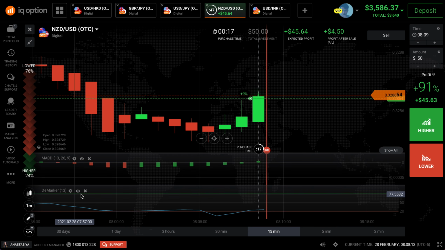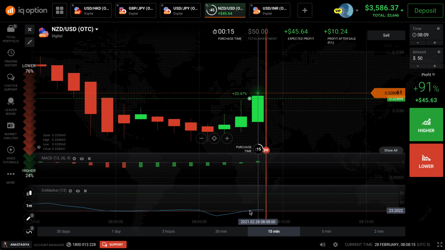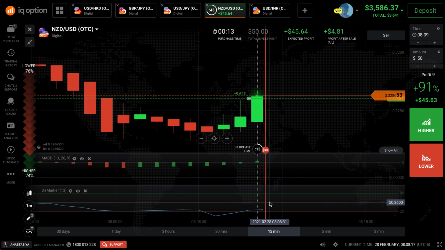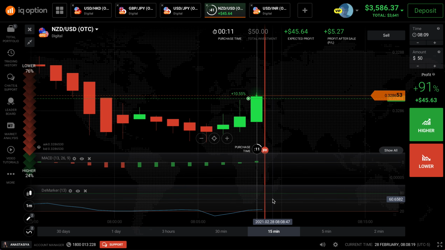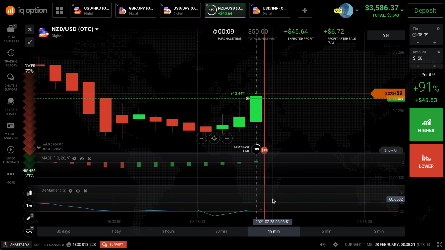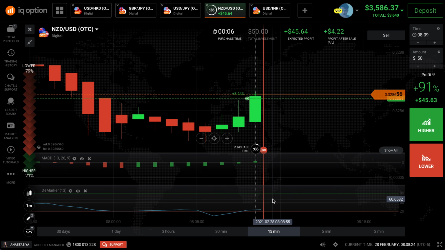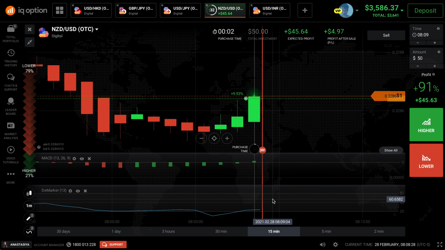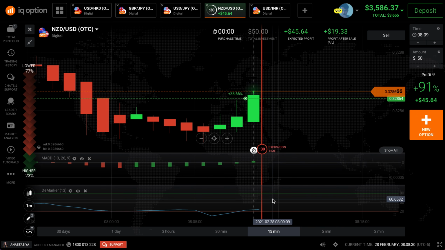And then our DeMarker already crossed the oversold back to very high, so I go onto bull. This will be the second trade for today.